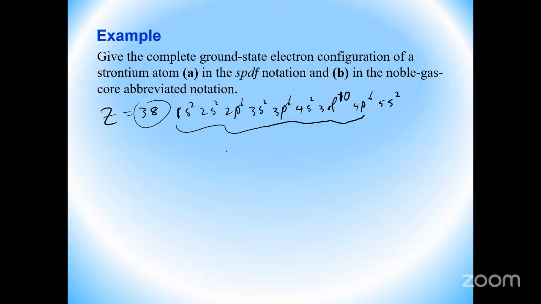So that's [Kr], and then 5s2. That's it. All right, so that's how that is done. Any questions? Any questions? All right.